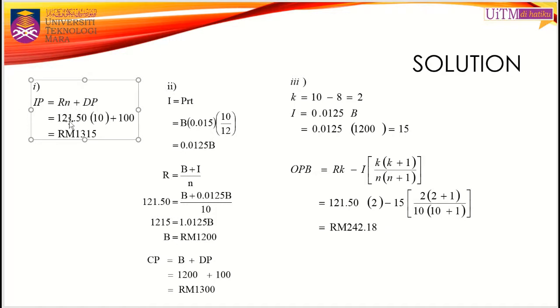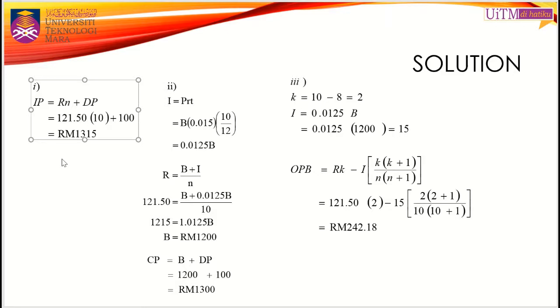All these values are given in the question itself, so you can use them directly and substitute them in the formula. In this case, you have 121.50 multiplied by 10 and then plus 100 ringgit down payment. So you have the installment price to be 1,315 ringgit.